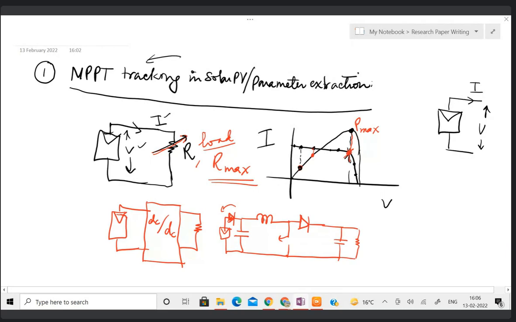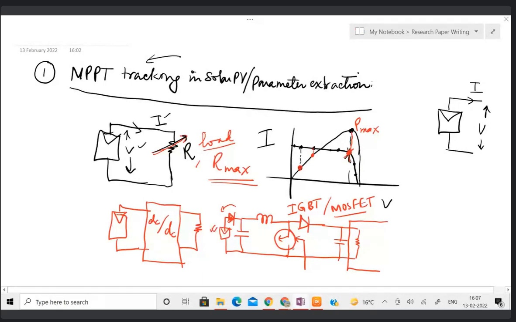Okay, so what happens, you have to control this switch. This is a switch, normally it is an IGBT or a MOSFET. So you have to control this. By turning it on and off, actually you are changing the value of resistance seen by this PV panel.